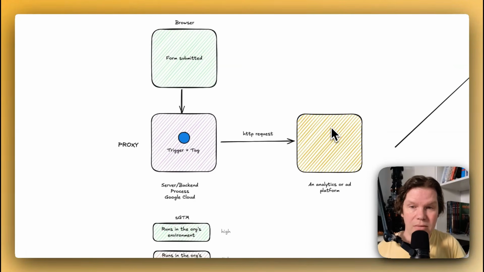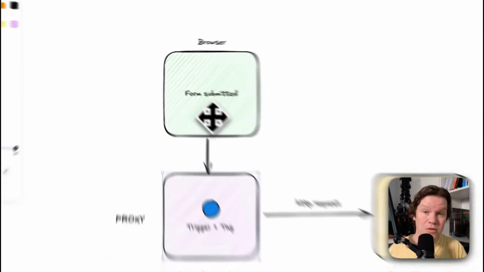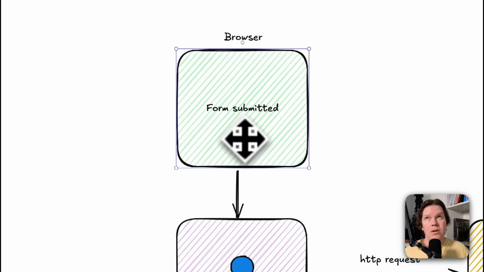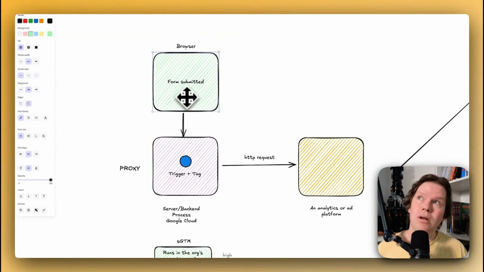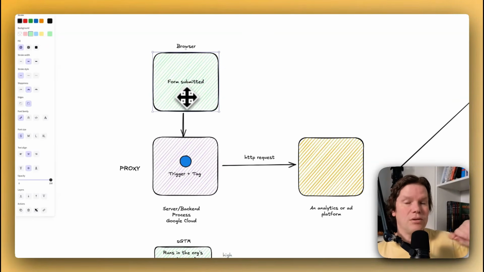So here is what makes it slightly different. The trigger comes from a browser, at least in most cases. Technically, I can send an HTTP request to the server tag manager, and then the server tag manager does something with it. But the trigger has to come from an external system.